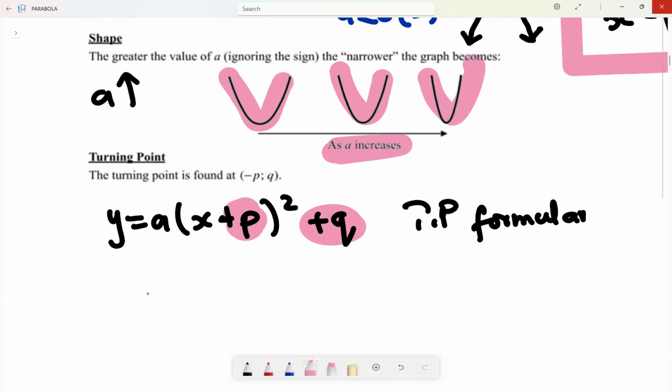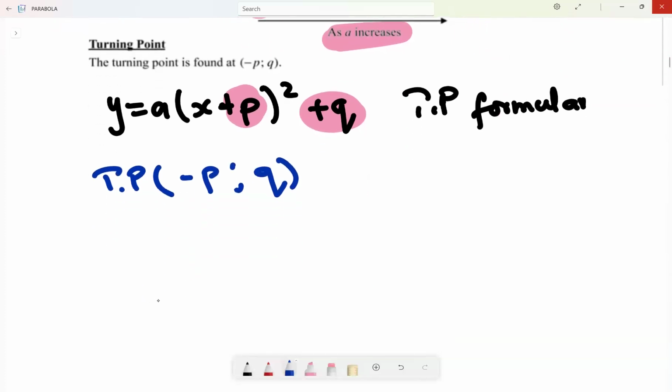What do you mean by that? It means that if you are given this formula, your turning point is going to be negative p and q. Why am I saying negative p? Remember, p here, if it is positive, on the graph it's going to be negative. How do I know? x plus p, when I equate that to 0, gives x is equal to negative p. Okay? Yes.